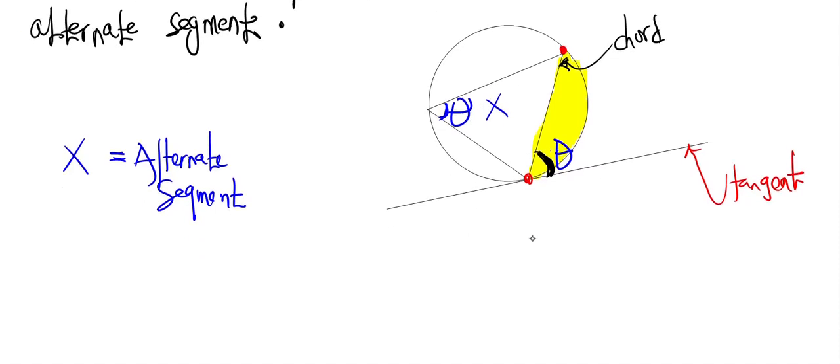Let's explain further. Angle between a tangent and a chord is equal to angle in alternate segments. So let's say this is a tangent. Let's say this is a chord. And the angle is located here.